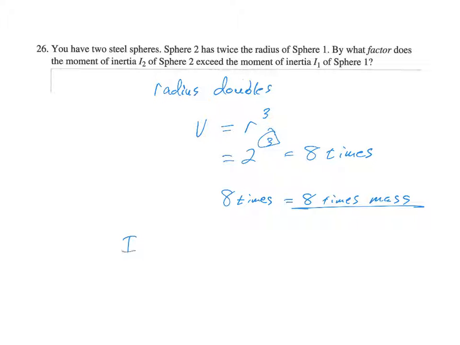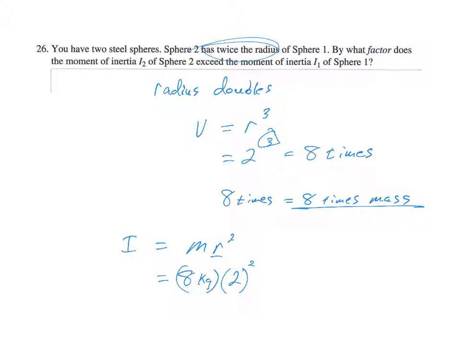So our moment of inertia equals mr squared for most objects. We just said the mass goes up by 8 times, so that would be 8 kilograms. The radius, didn't we say doubled way back here, twice the radius, so the radius is 2. It went from 1 to 2, I doubled it, but it's r squared.